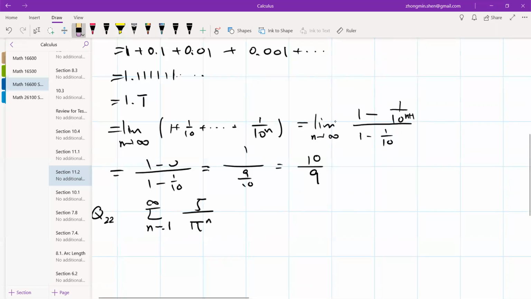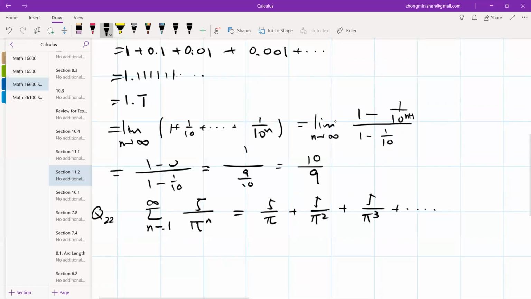We are going to have infinitely many terms. So this is going to be like 5 over pi, and 5 over pi squared, and 5 over pi cubed, and so on. So the sum of the infinite terms.